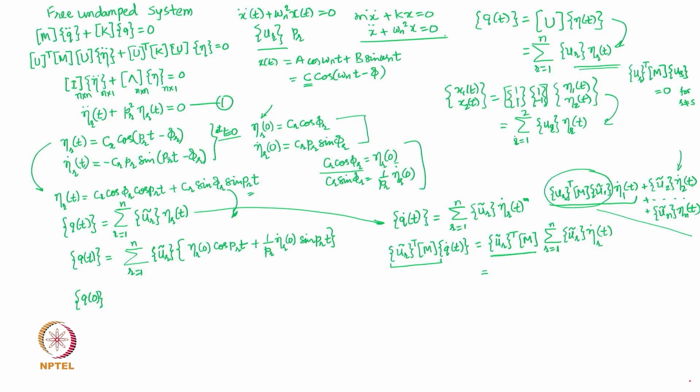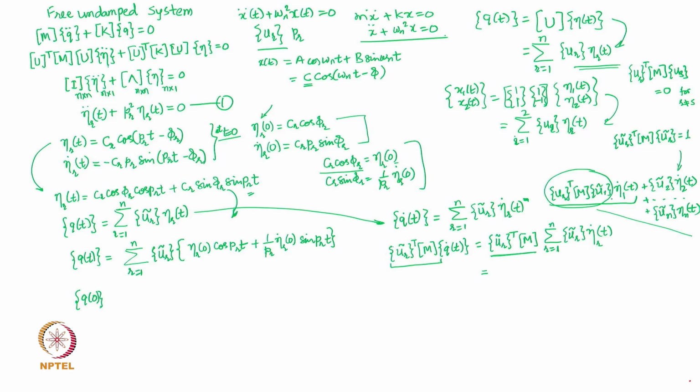Because ur transpose m ur is equal to 1 for orthonormal modal vectors. This product is equal to mr when the modal vectors were not mass normalized. Now they are all normalized.